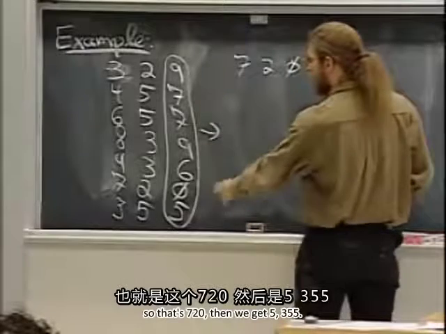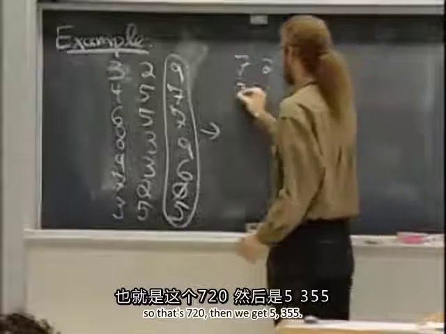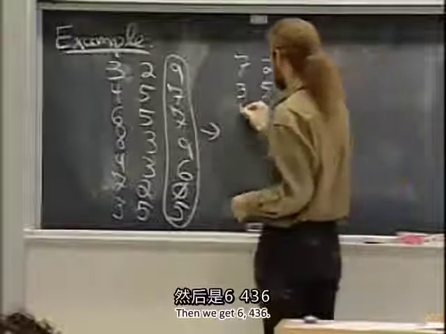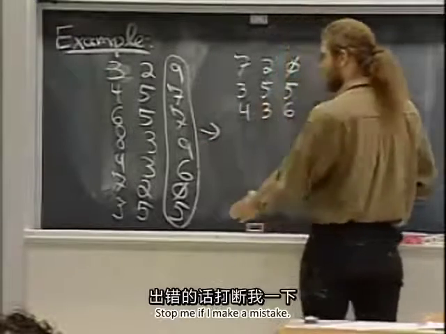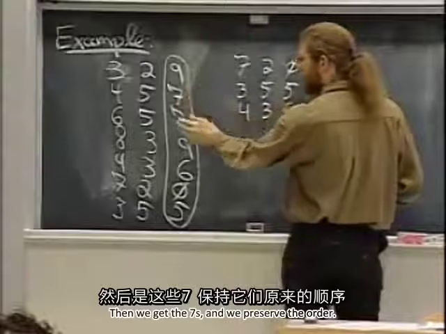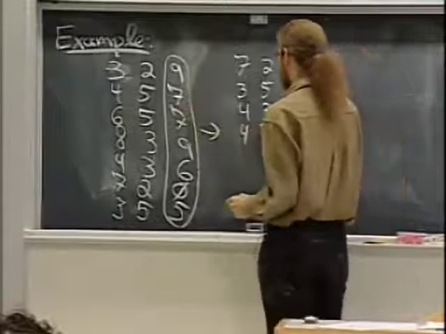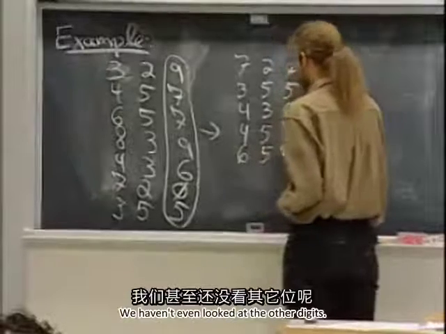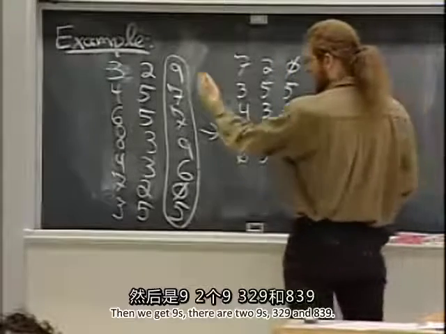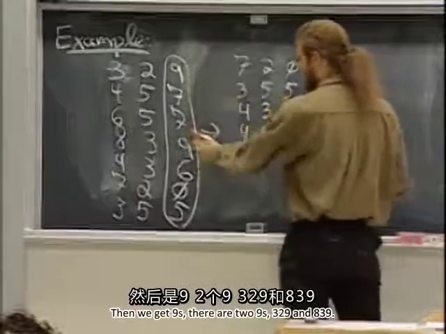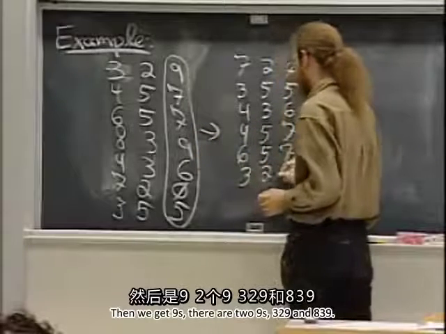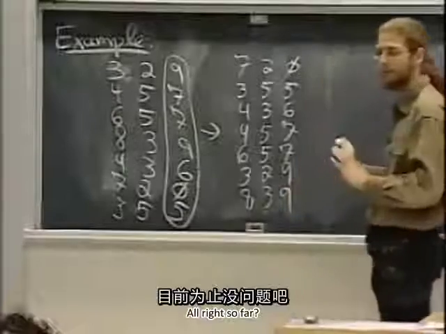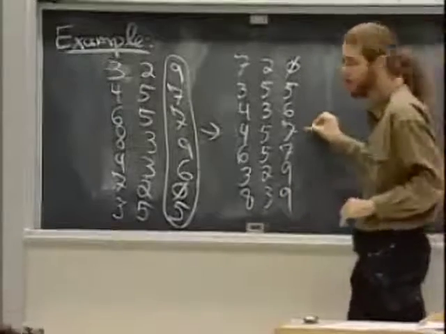Then we get 355. Then we get 436. Stop me if I make a mistake. Then we get the 7s. And we preserve the order. Here it happens to be the right order, but may not be at this point. We haven't even looked at the other digits. Then we get the 9s. So there's 2 9s, 329 and 839. All right, so far? Good.